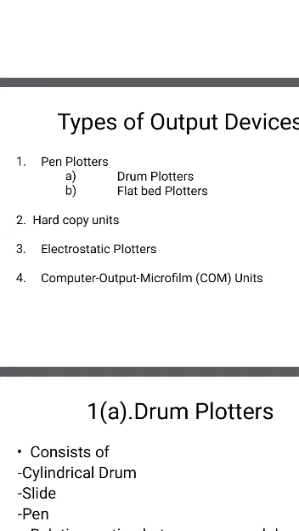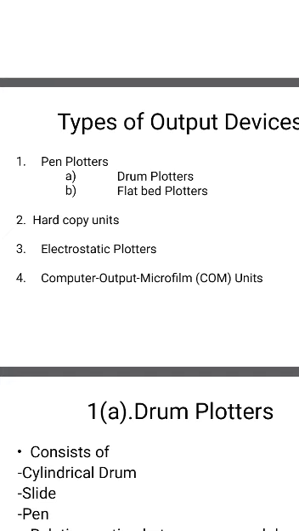A drum plotter is a pen plotter that wraps the paper around a drum with a pin feed attached. The drum then rotates the paper as the pen moves across it and draws the images. While the drum rotates, the picture will be drawn on the paper.